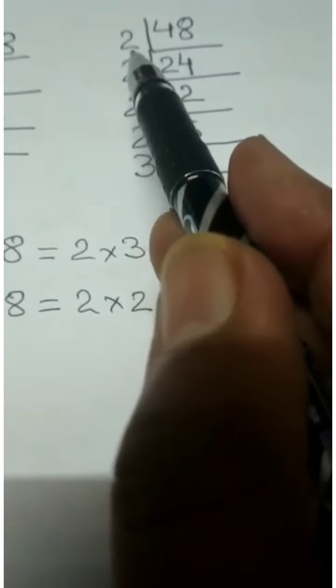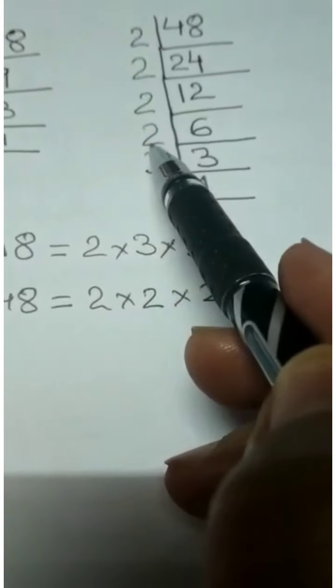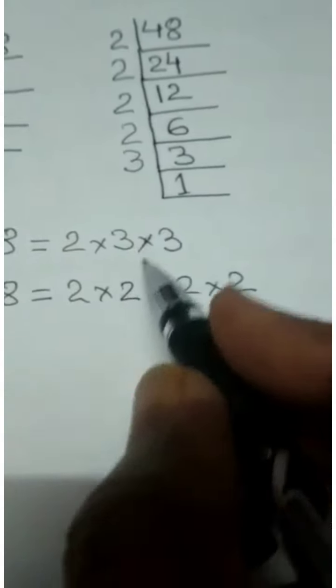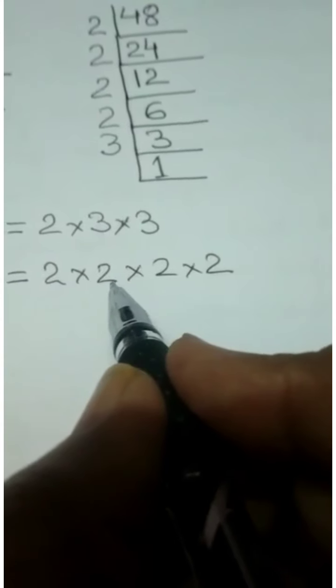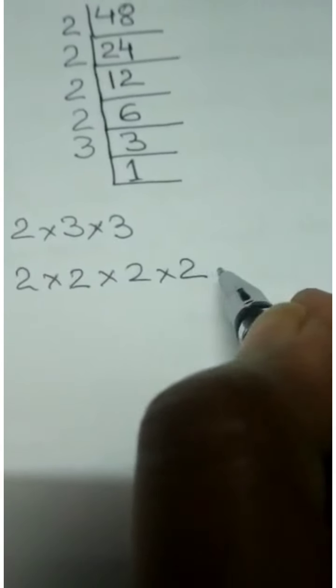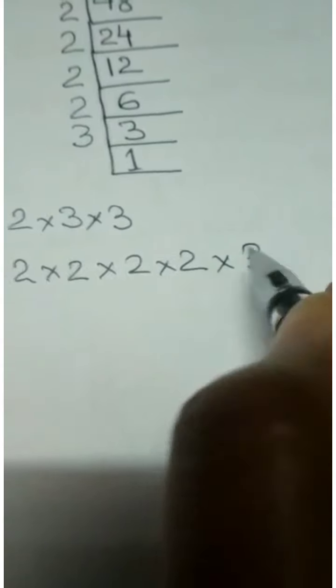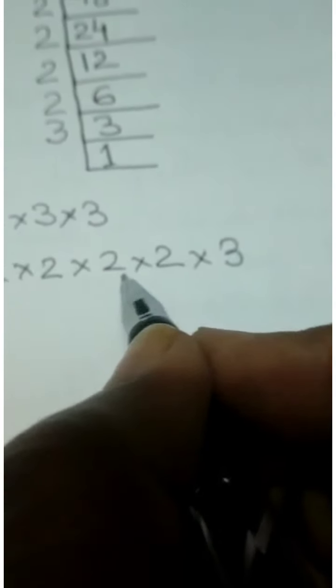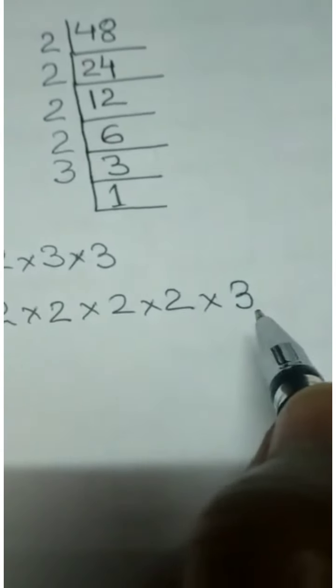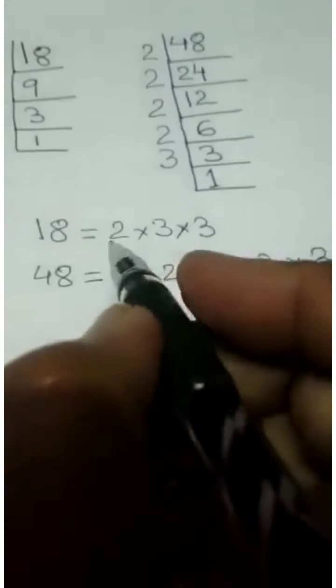See here how many times 2? The factor 2 four times. 2 2s are 4, 4 2s are 8, 8 2s are 16, 16 3s are 48.